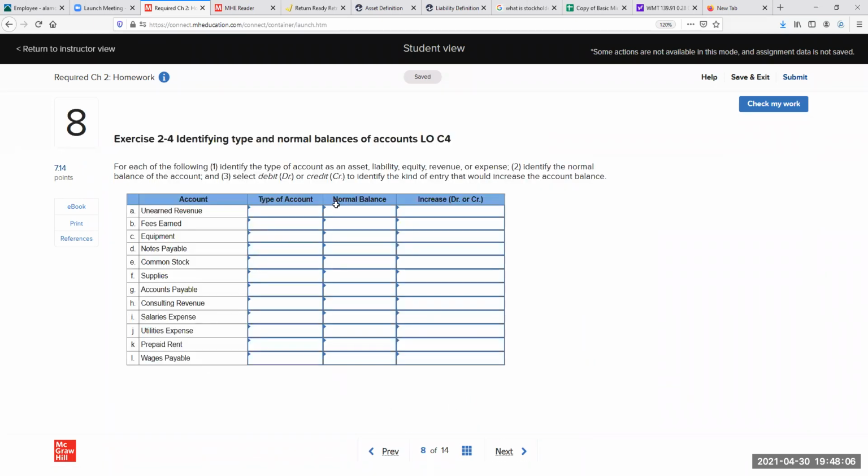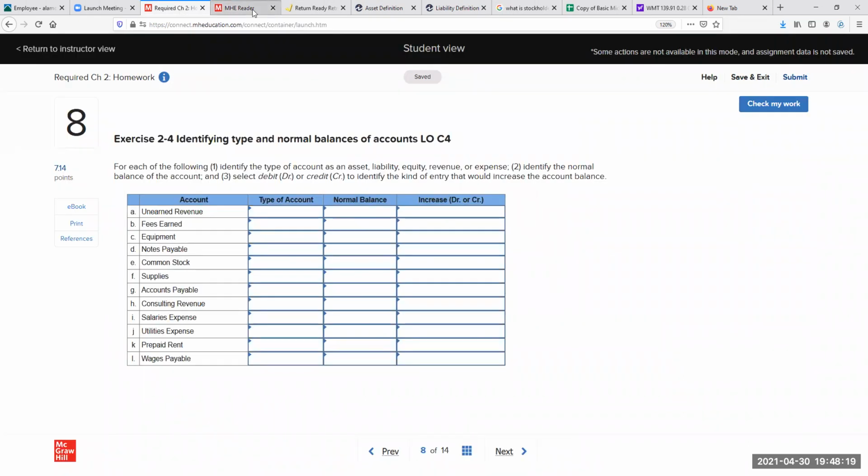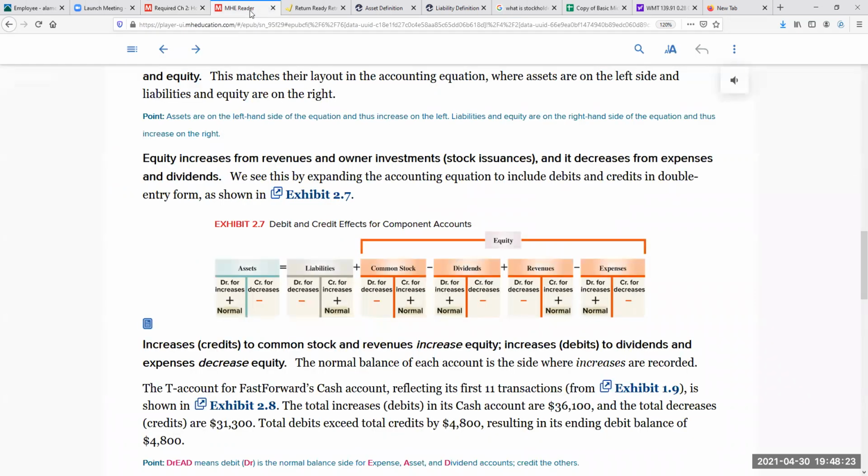All right. Identify type and normal balance of accounts. So now this goes back and you need to study page 50 of your text. You need to think about the type of account, and then identify what is it? Where does it fit? Is it an asset, liability, stock, dividend, revenue, or expense?